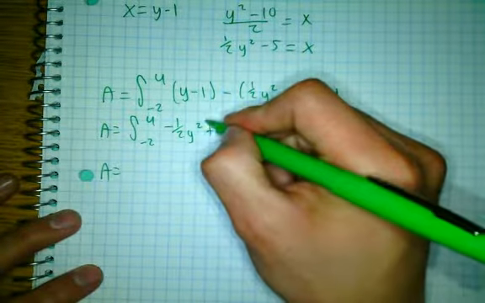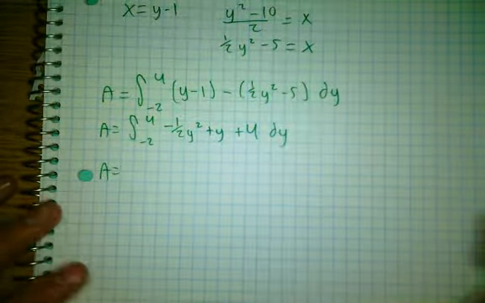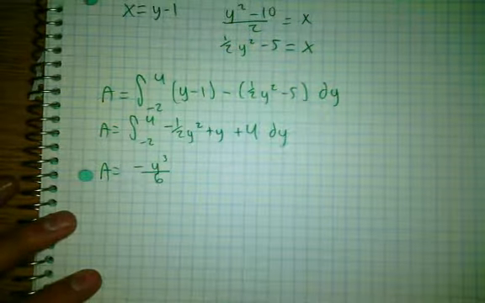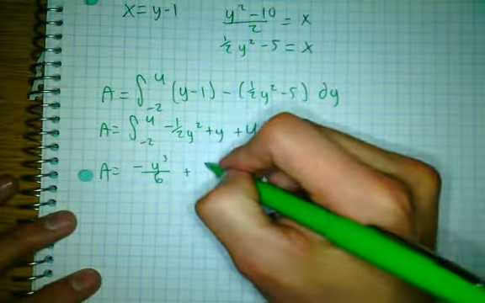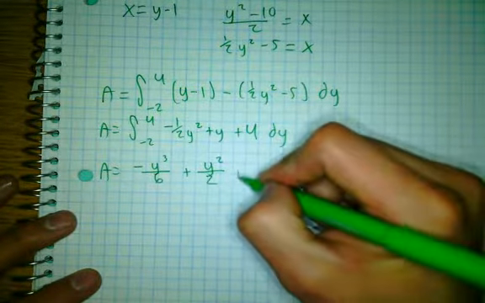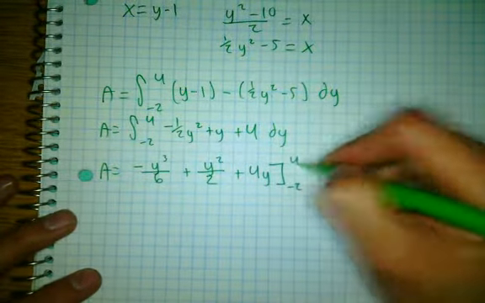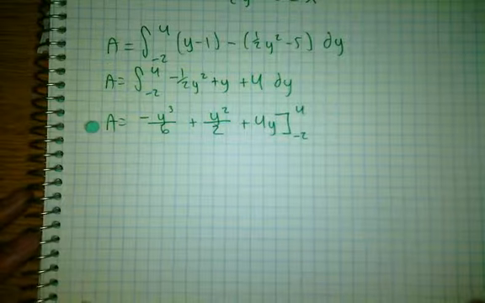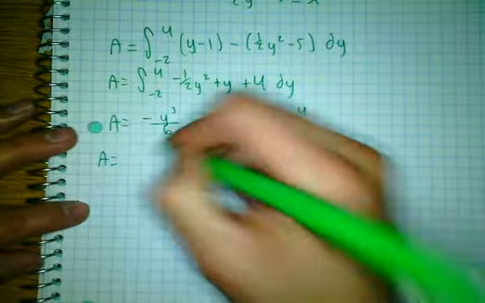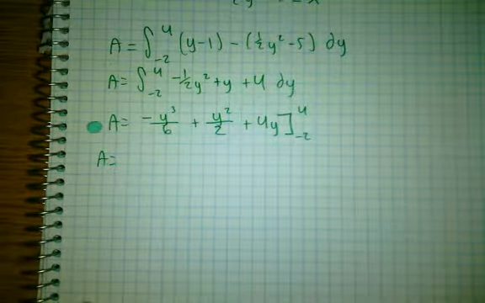I'm going to do to the third power, so what does this become? Negative y to the third power over 6, right? Plus y squared over 2 plus 4y evaluated from negative 2 to 4. Agreed? Okay. Area equals, what's 4 to the third power? 64.